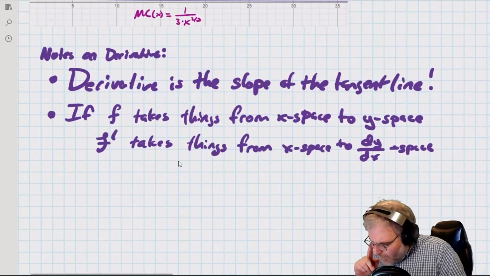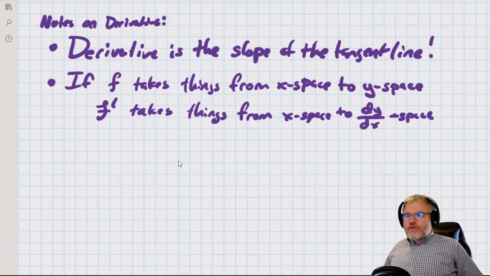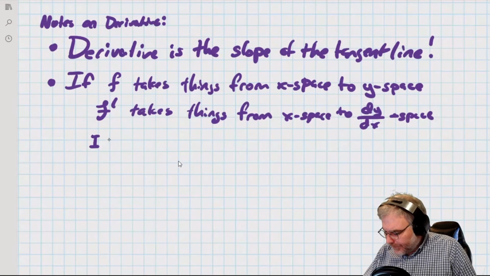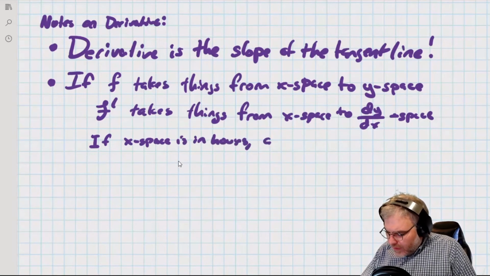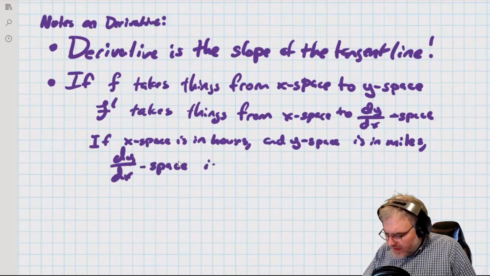All right. And I want this to be, there's a trap here that you forget. So, for example, if x space is in hours, and y space is in miles, dy over dx space is in miles per hour.